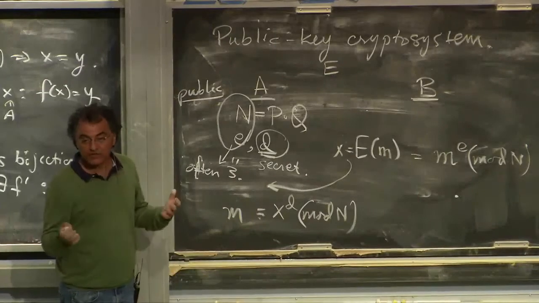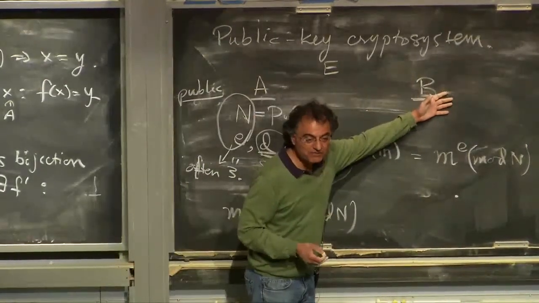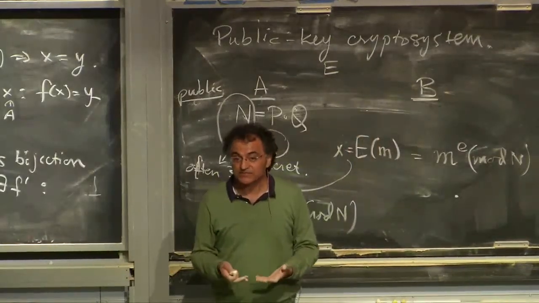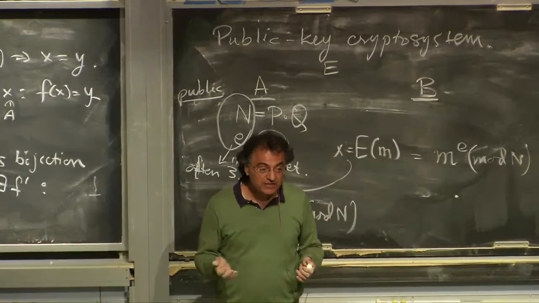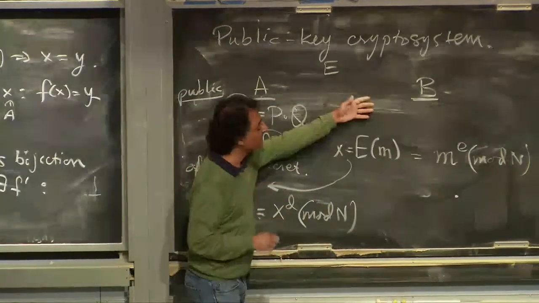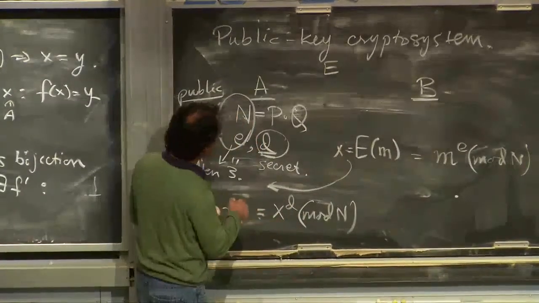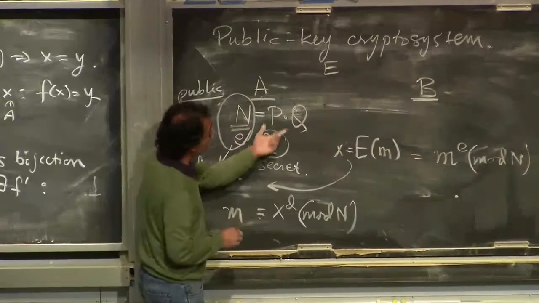So a priori, we would have said, Alice and Bob never met. How could it be that Bob is sending a message and Alice has an advantage over Eve? If you were to think in terms of information, Alice has no advantage over Eve. But then you think computationally, you think, well, N is public, so in principle, everybody knows the prime factors.